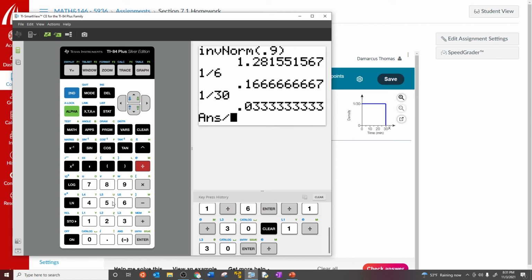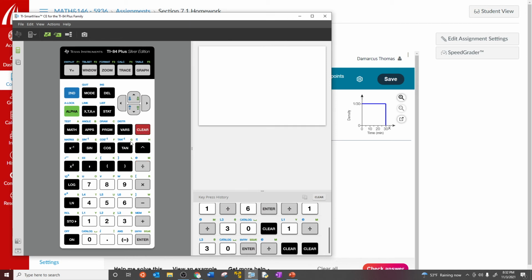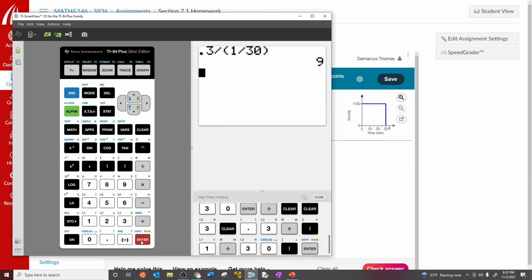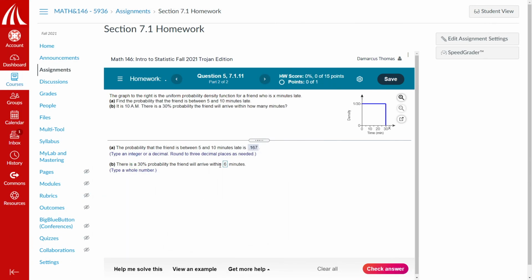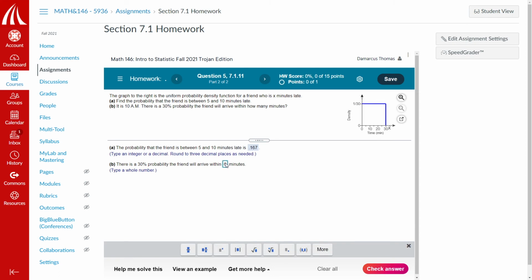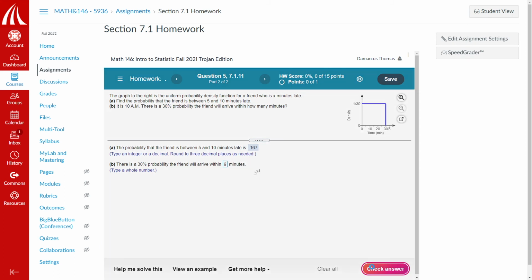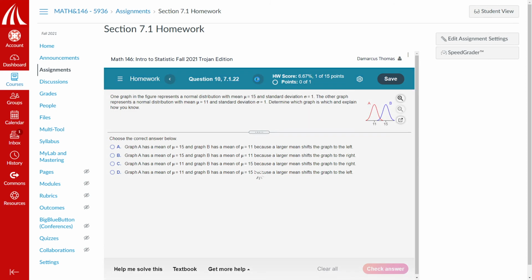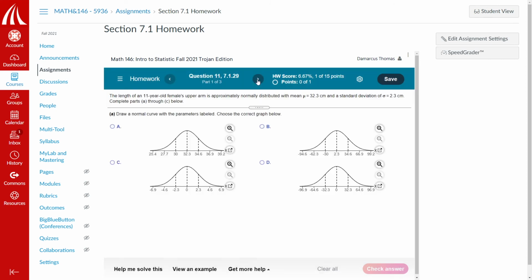I guess we need 0.3, so I'm going to take 0.3 divided by 1/30th. And that's 9. Alright, well, let's keep going. I think it looks pretty straightforward there. Not bad, not bad.